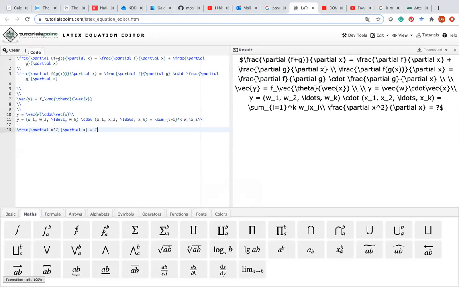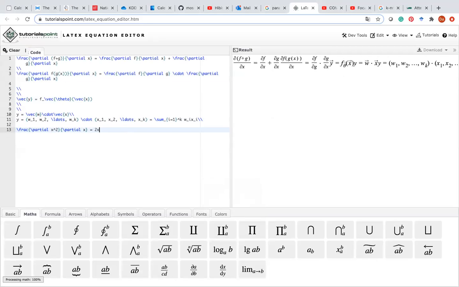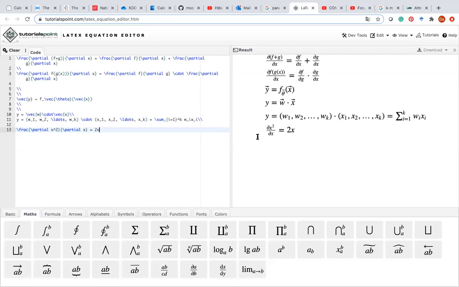It's going to be 2x, not 2, right? So we have a 2 here, and that's why we need to put a 1 by 2.